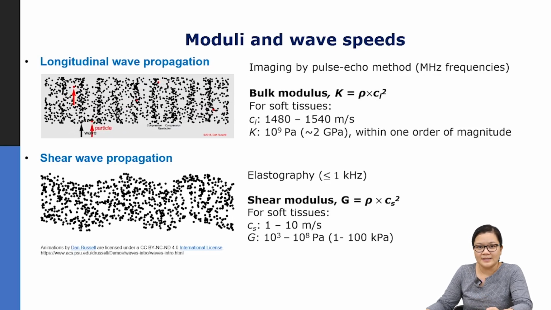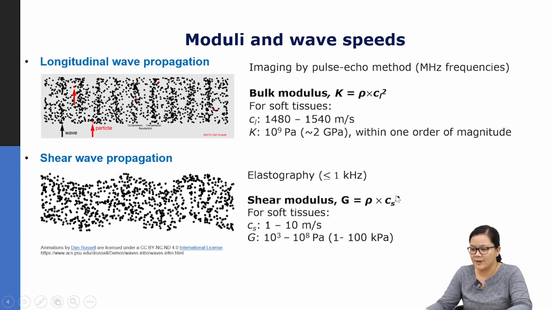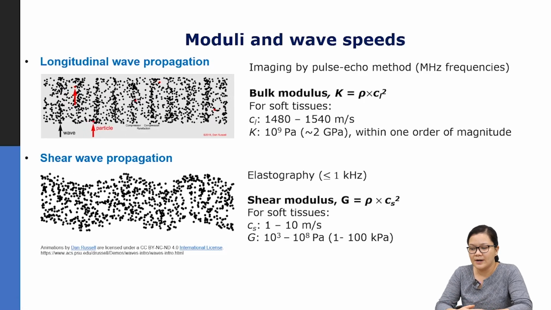The shear modulus now, which is our material parameter G, equals the density times the shear wave speed squared. So for soft tissues, the shear wave speed ranges on the order of 1 to 10 meters per second, while the shear modulus ranges on the order of 10 to the 3rd to 10 to the 8th pascals, or 1 to 100 kilopascals. So this is over almost 5 orders of magnitude.